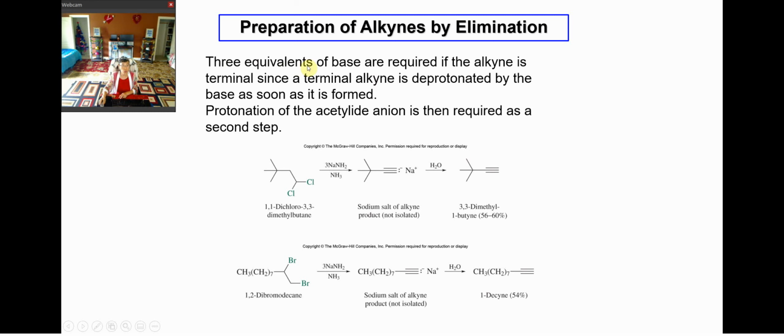So three equivalents of the base are required if the alkyne is terminal, since the terminal alkyne is subject to deprotonation by the base as soon as it forms. If you want to produce a terminal alkyne, you can go through double dehydrohalogenation. You can do this dehydrohalogenation of dihalides which are geminal or dihalides which can be vicinal.